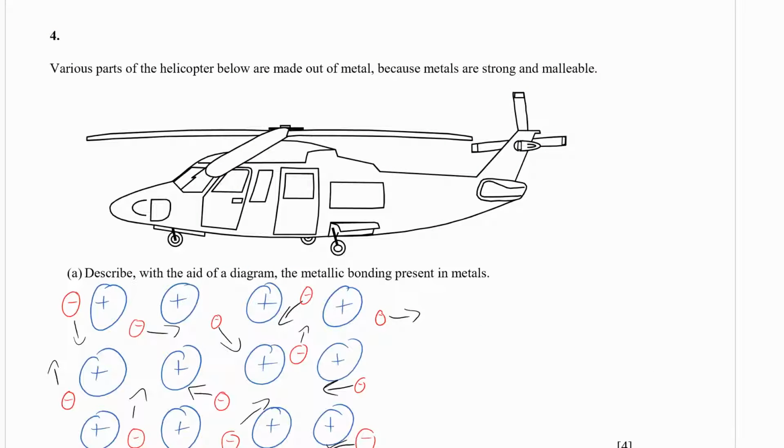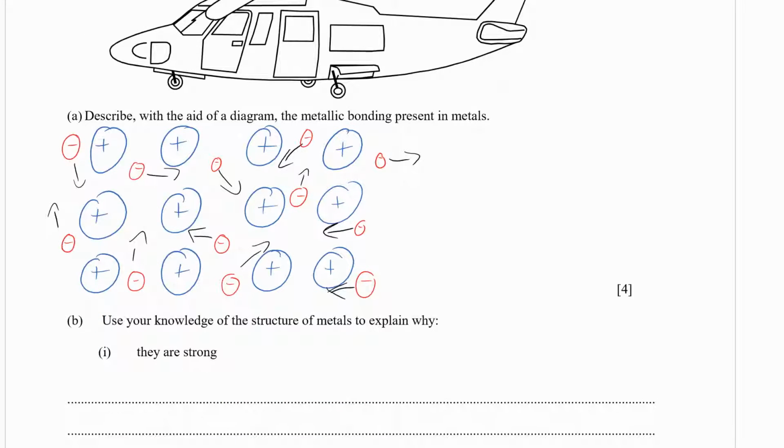Describe, with the aid of a diagram, the metallic bonding present in metals. So for this, what you needed is to show your positive ions, which I've done in blue, and your negative electrons.